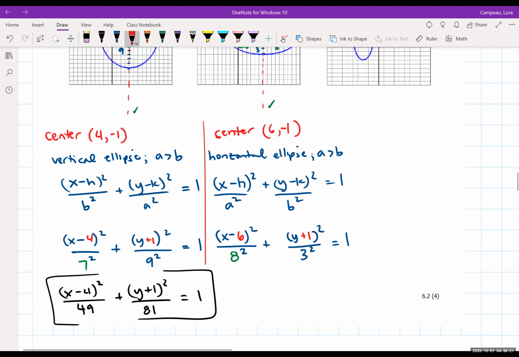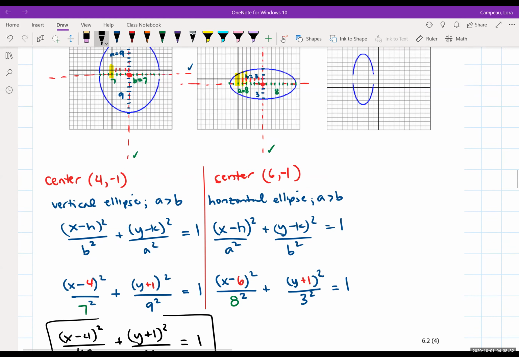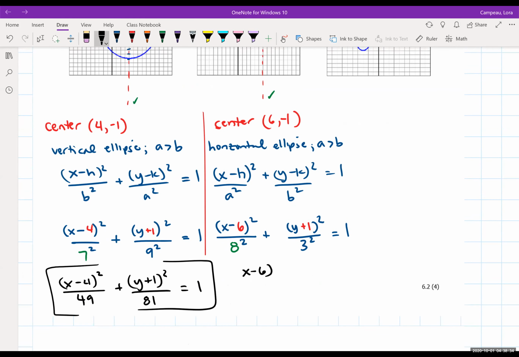Then the very last thing you have to do is just make sure you're simplifying the square numbers in the denominators for each of the terms. So the equation of the ellipse for part B is (x - 6)² over 64 plus (y + 1)² over 9 equals 1.